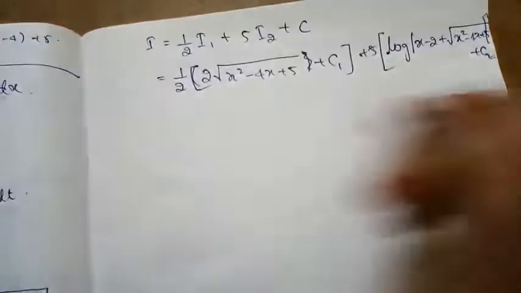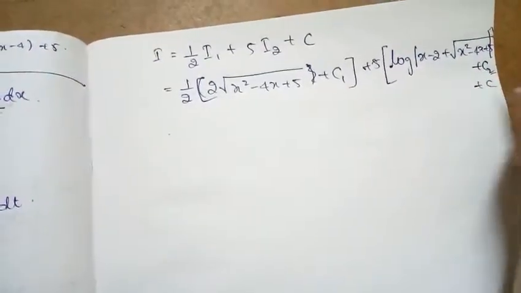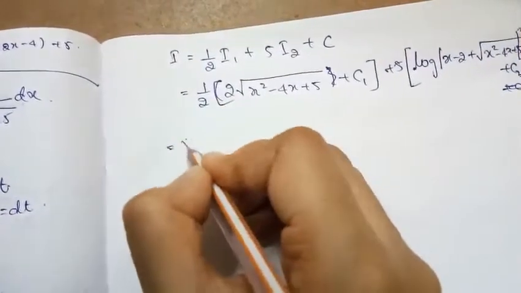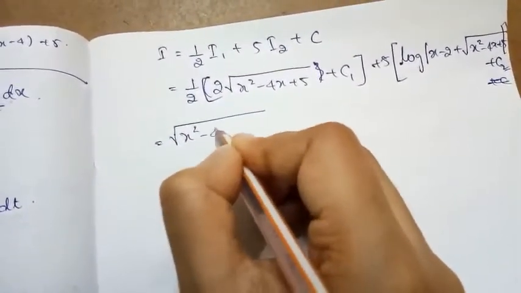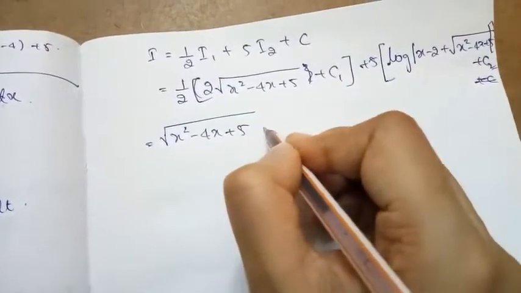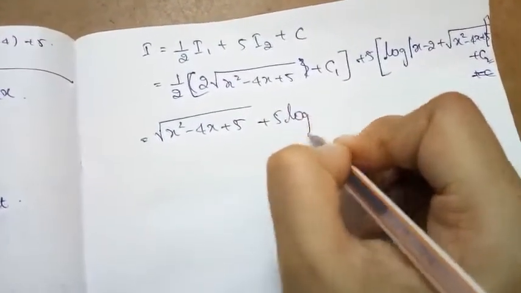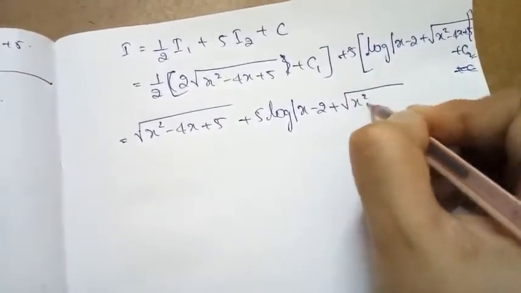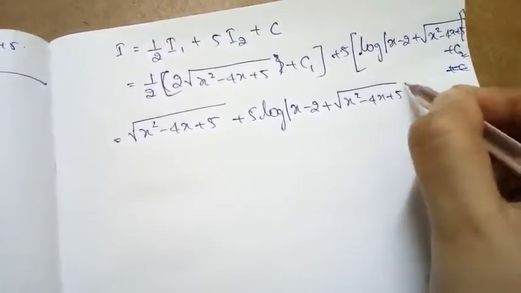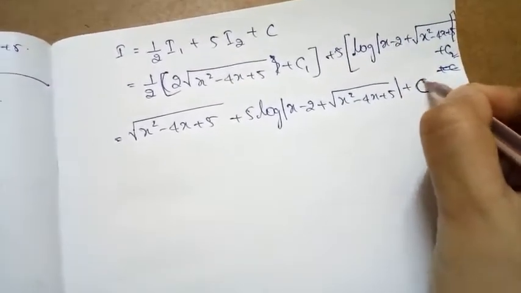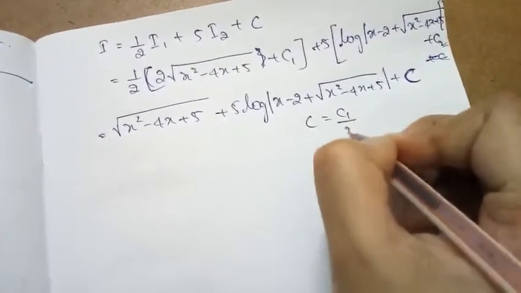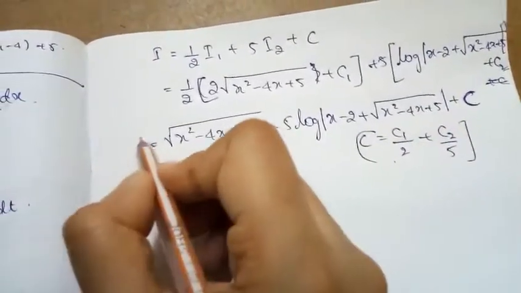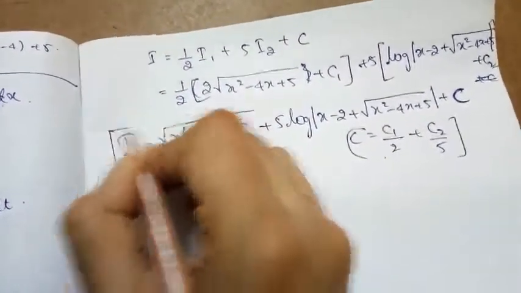So now the 2 cancels: square root of x square minus 4x plus 5, then 5 times the log of mod x minus 2 plus square root of x square minus 4x plus 5, plus C. This C is equal to C1 by 2 plus C2 by 5; I am combining those and calling that C. So this is the integral of the given question.